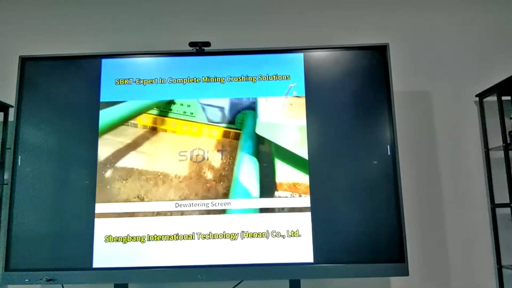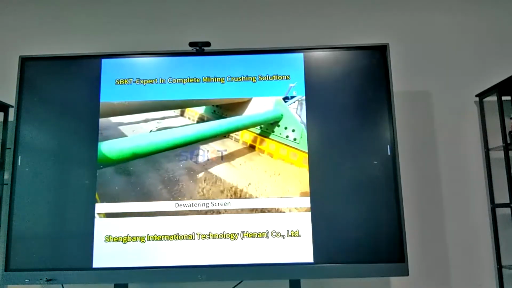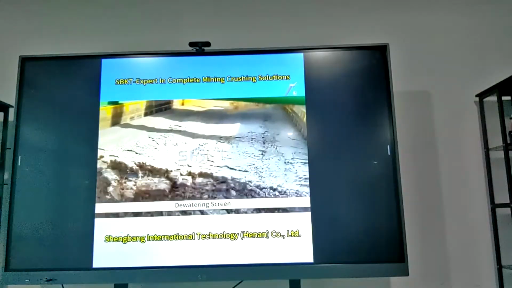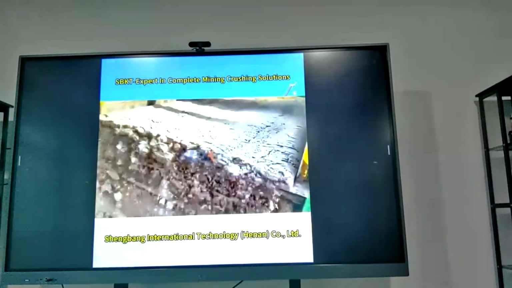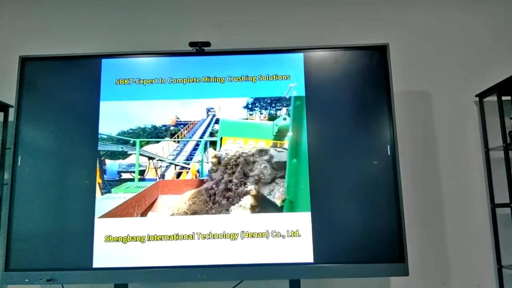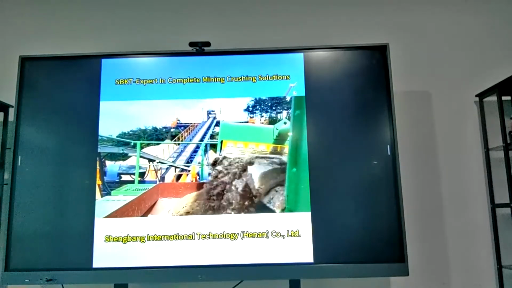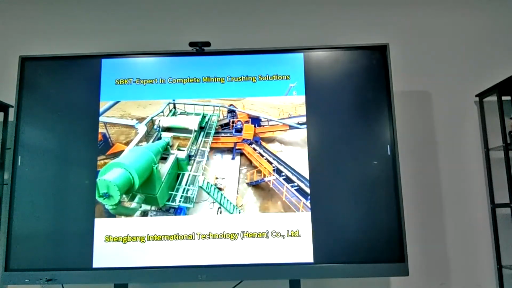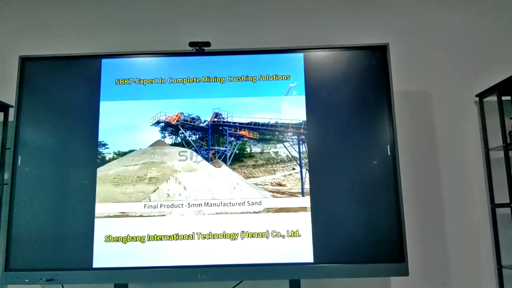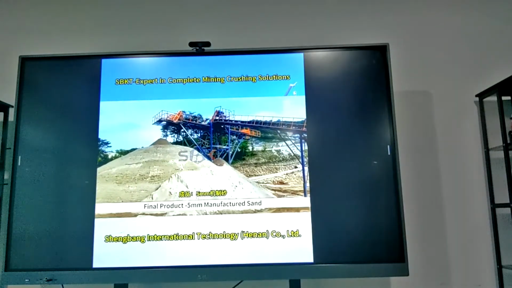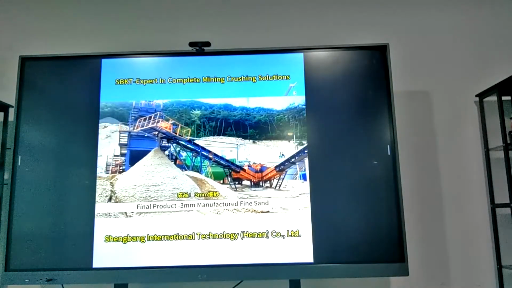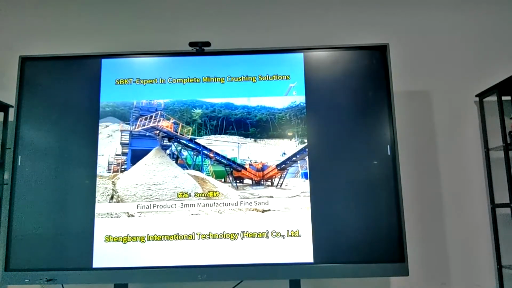In summary, when choosing a jaw crusher, it is necessary to comprehensively consider multiple factors such as your own production scale, budget, investment, and performance requirements. If the capital budget is limited, the production scale is small, and the equipment performance requirements are not high, the ordinary jaw crushers can be used as an economical and practical choice.